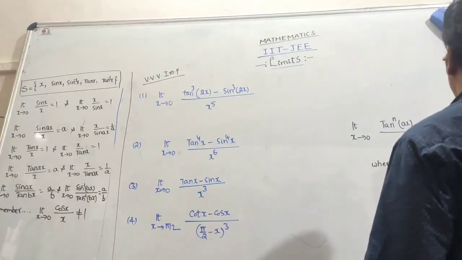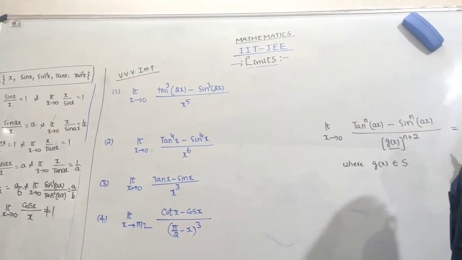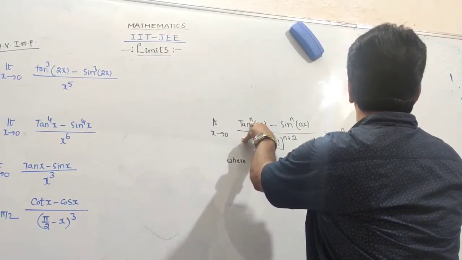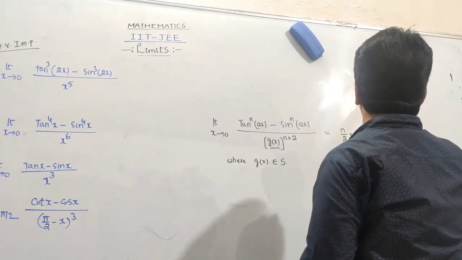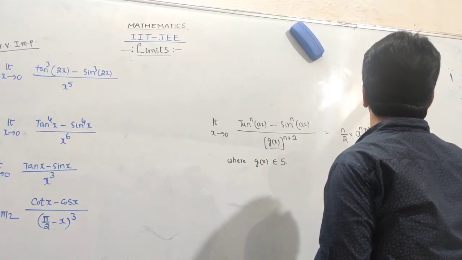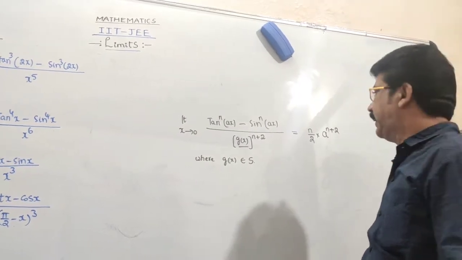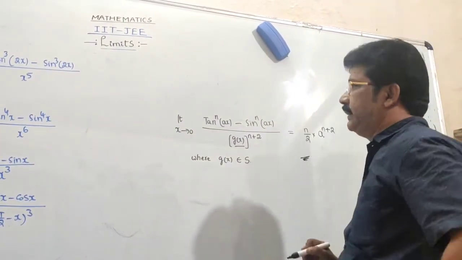So the shortcut is n by 2 into a to the power of n plus 2. Is it visible? This is the shortcut.